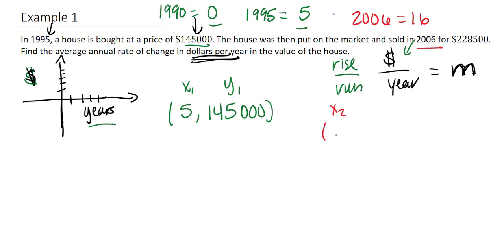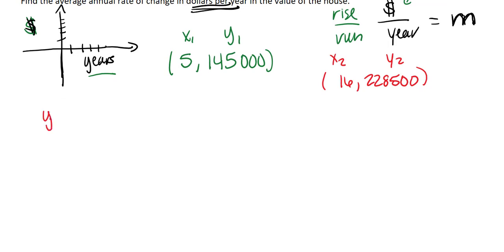So our x2 value is 16, and our y2 value is 228,500. Now we have both of our points, so we need to find our rate of change, or our slope. Let's remember our equation and plug in our numbers.